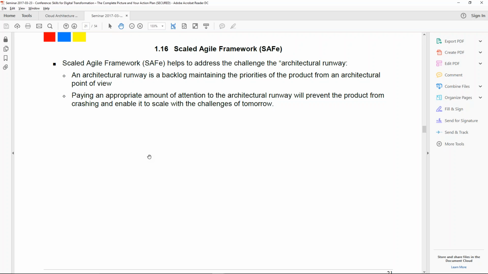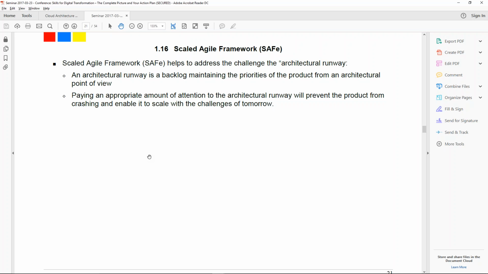Traditional corporate organization, waterfall, and architecture are all trying to answer the question of how do you coordinate between different teams. The methods they use to solve the problems are drastically different.